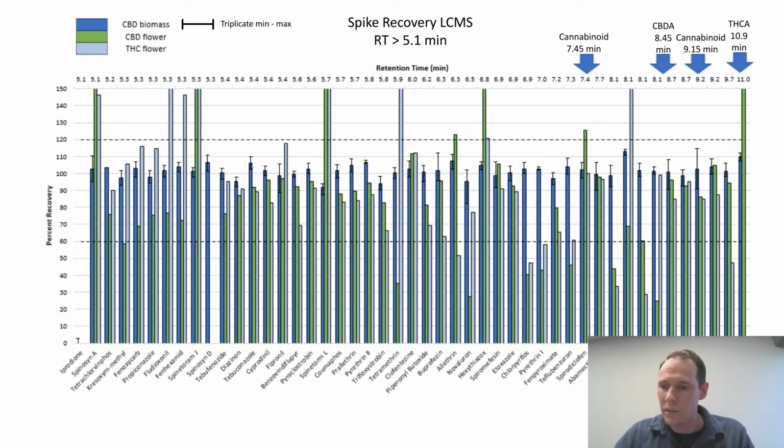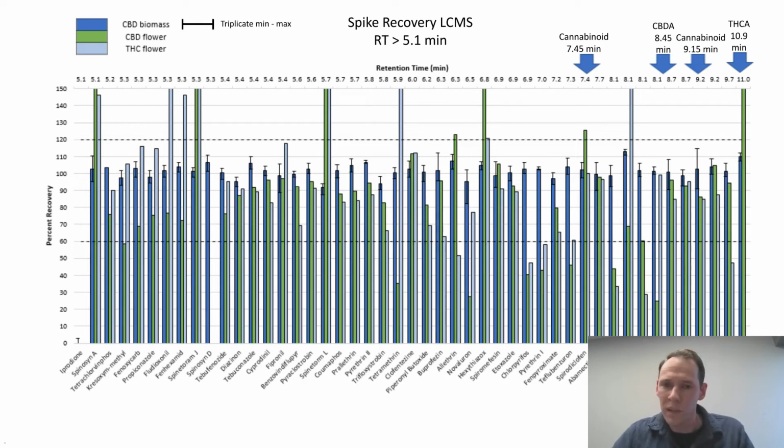And here are the results for the second half of the LCMS percent recovery data. This is for the compounds eluting later in the run, between 5 minutes and 11 minutes. There are a few interesting things going on with this data. The first is that the recoveries for the CBD biomass, again, are well within the acceptance range. However, there are a number of results for the CBD and THC flowers that are outside of the acceptance range.